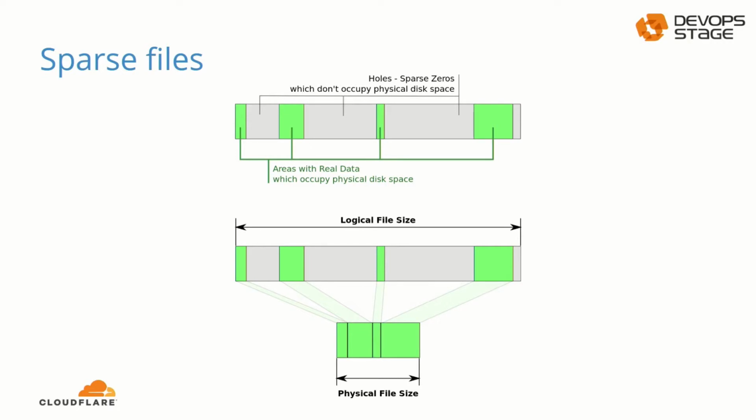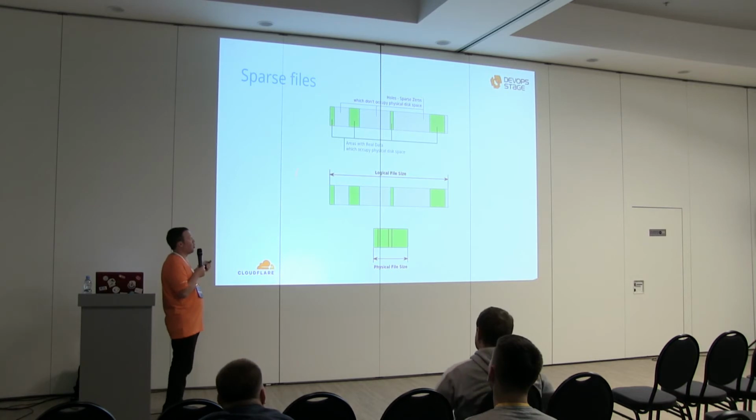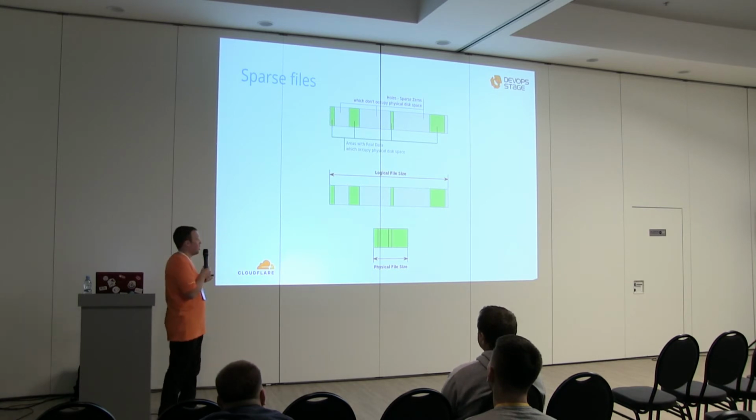Usually any file has a physical size larger than the logical size, because even a 1-byte text file takes at least a block. Except in the sparse file case, where modern file systems are smart enough to say, if you have a big file which largely has zeros in it, it will not write zeros to disk. Instead, it will just write a marker that this range is all zeros. So in the end, you have a physical file size which is smaller than the logical file size on the file system.